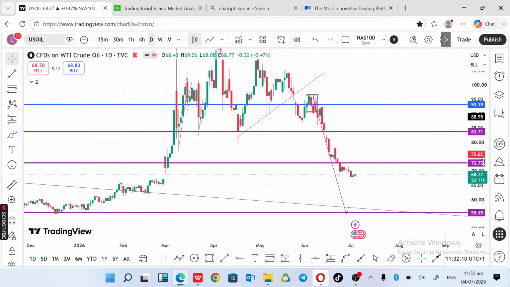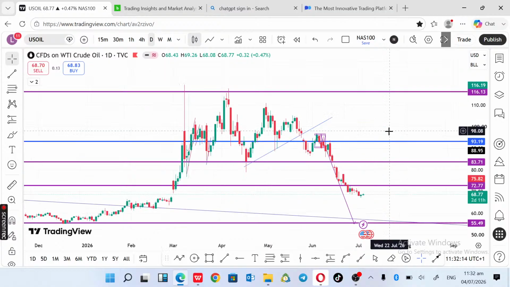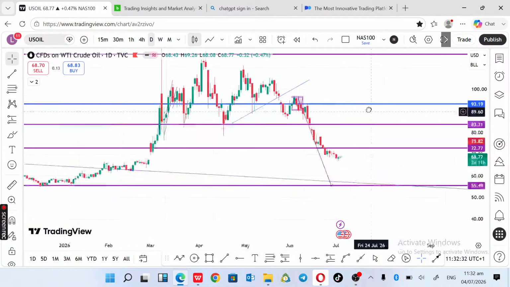Do you see it? Oil got to this level. How much is here? Check to the right. 115 per dollar. That means one barrel was being sold at $115. That was why you saw Nigeria fuel rise. Now that it has dropped, we're actually coming down.